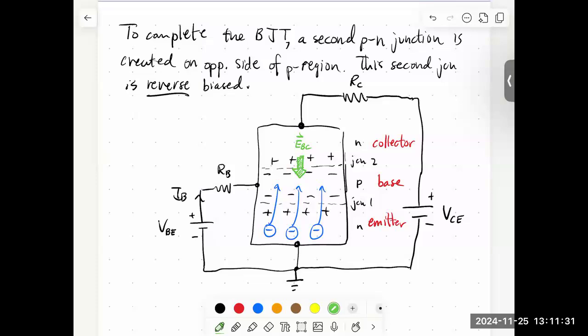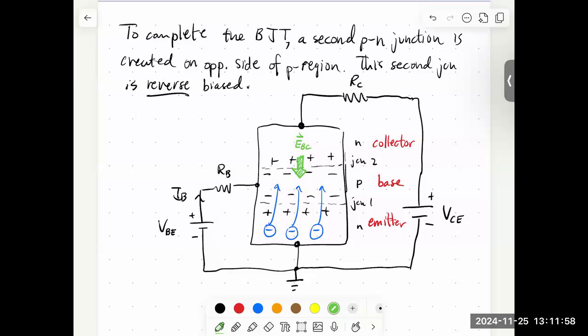Are they going to be repelled or pushed across? You have a negative charge encounters this electric field. Yeah, they're going to go across, right? The force on these electrons would be in the opposite direction of the electric field because they're negative charges. And so if they make it over to this second junction, they're just pulled right across.